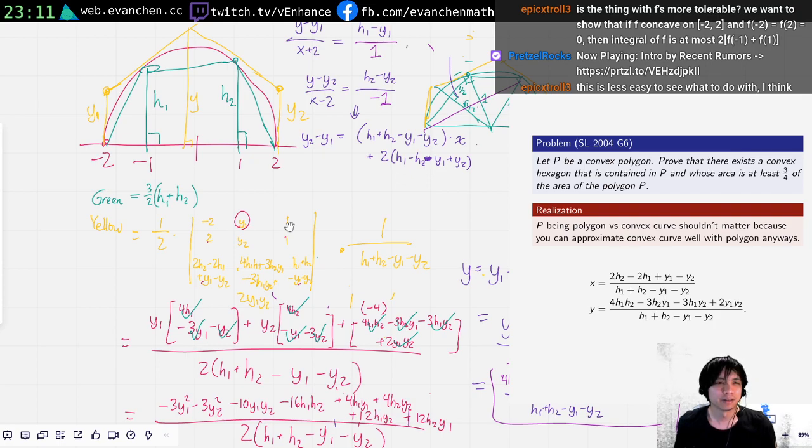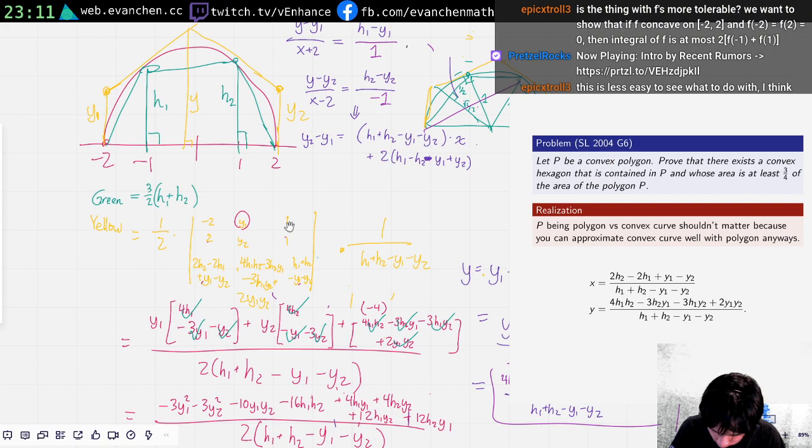I agree it's less easy to see what to do with, but it also just seems like it should be... there's inequalities that bound this type of thing, right? Mean value type things. Maybe I should just finish the coordinate bash because I got this far.